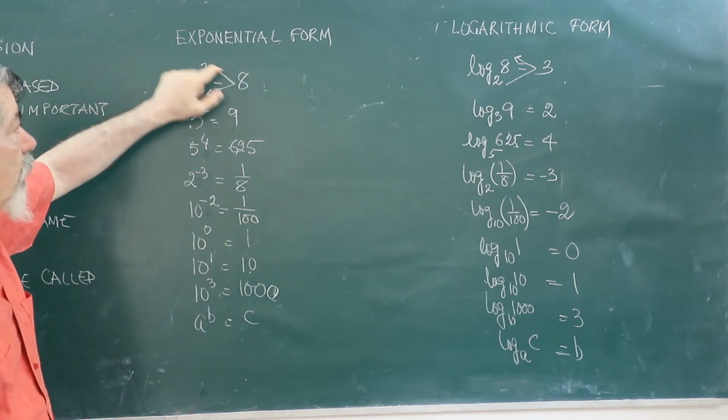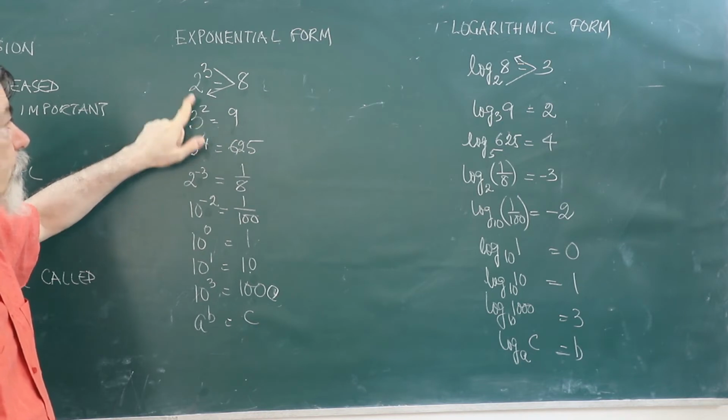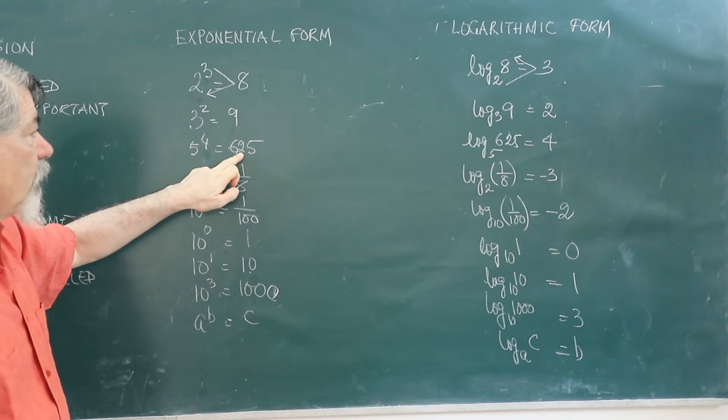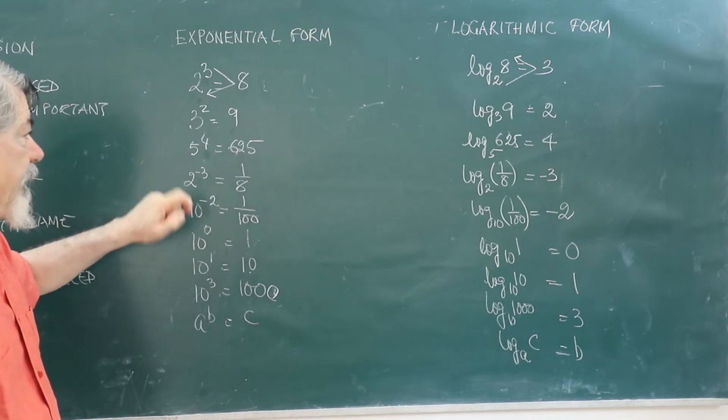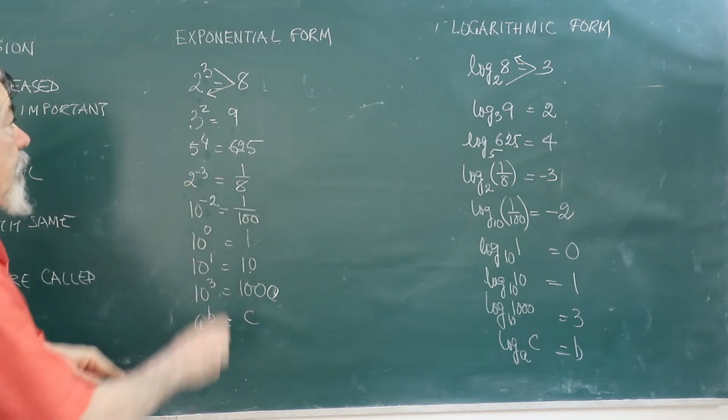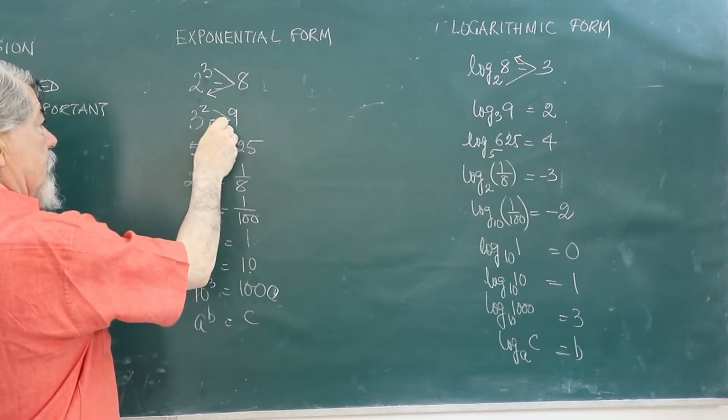Like 3 is the log of 8 to the base 2. 2 is the log of 9 to the base 3. 4 is the log of 625 to the base 5. Minus 3 is the log of 1 upon 8 to the base 2.